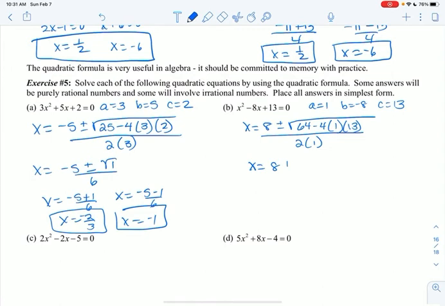All right, let's clean up everything under the radical. Negative 4 times 1 is 4, and negative 4 times 13 is 52. So 64 minus 52 is 12.